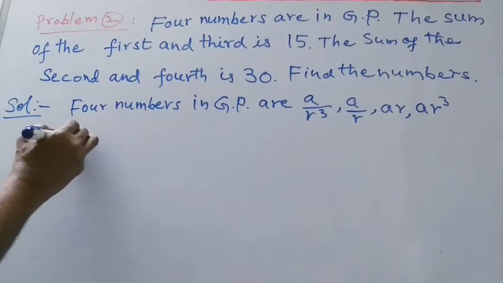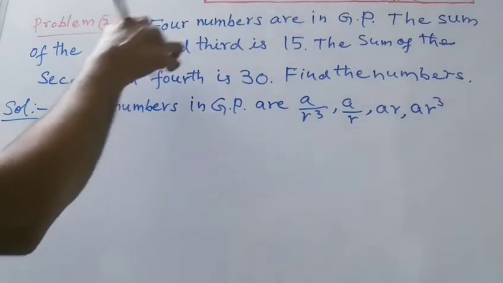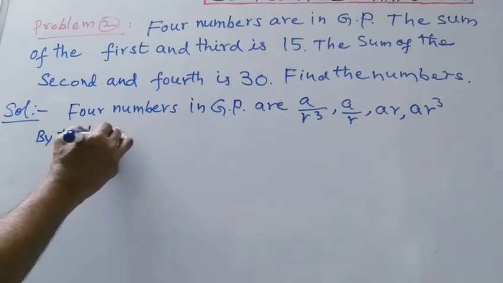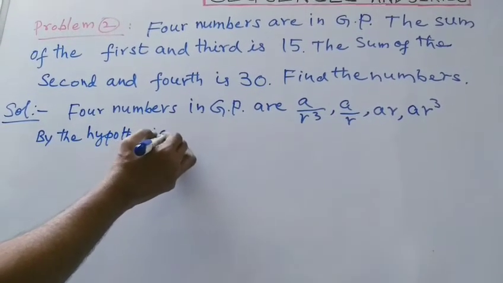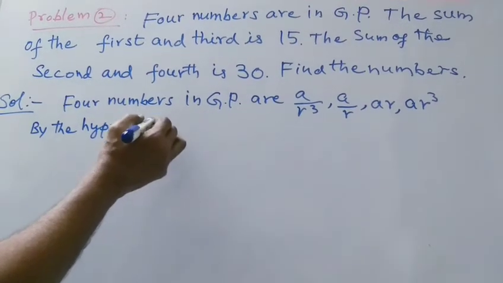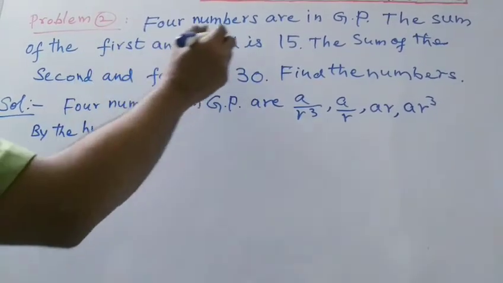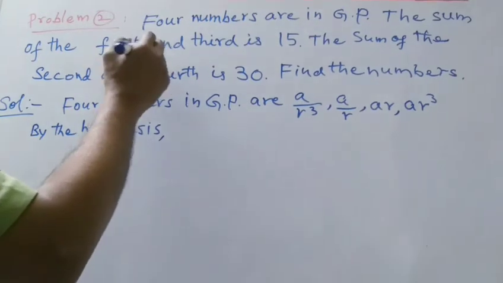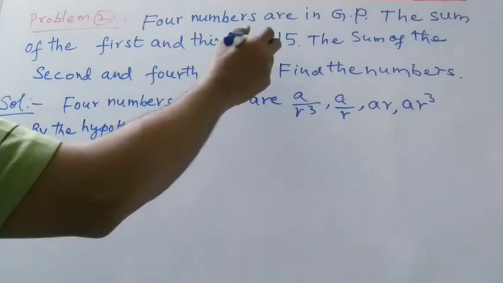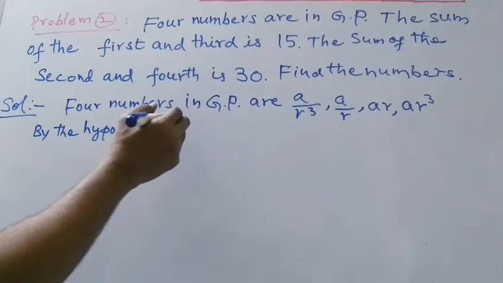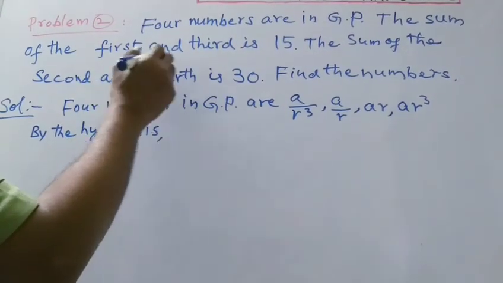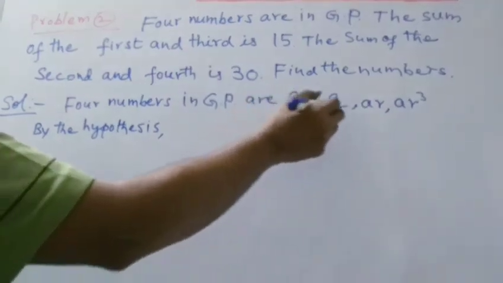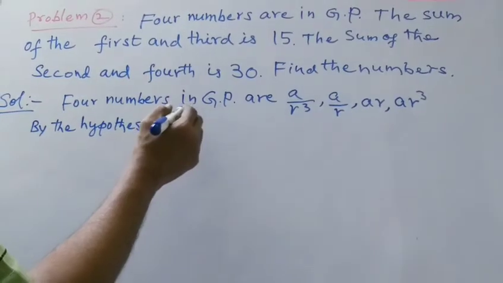By the hypothesis, we have the sum of the first and third is 15. The sum of the first term and third term is 15.